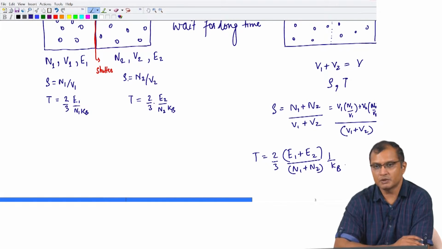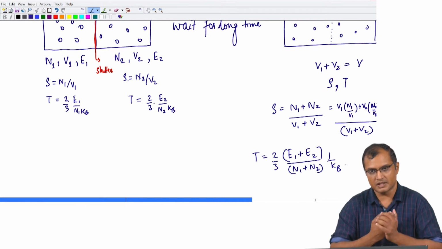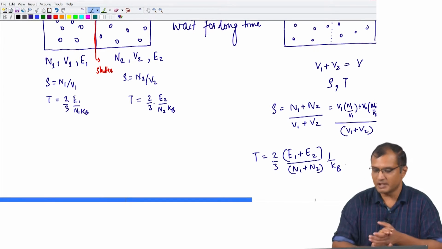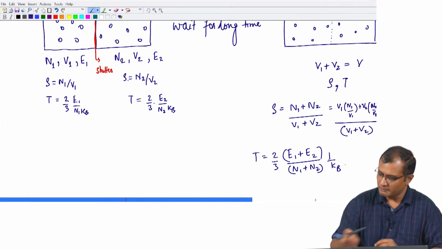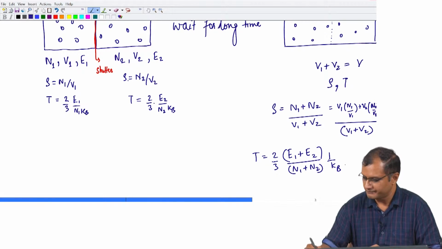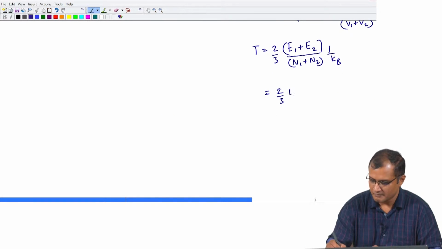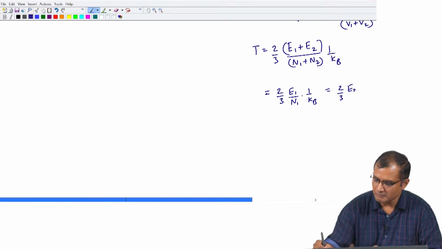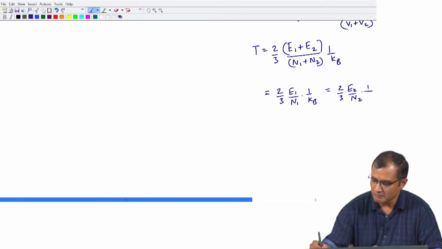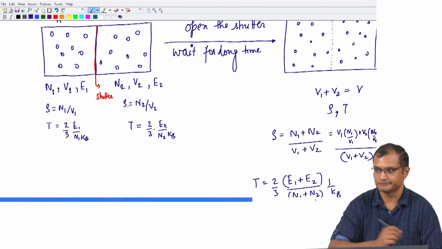And since E1 plus E2, by the same logic as N1 plus N2 divided by V1 plus V2, did not change, it remained N by V. Similarly, E1 plus E2 divided by N1 plus N2 remains as E by N. So, the final temperature also is the same.